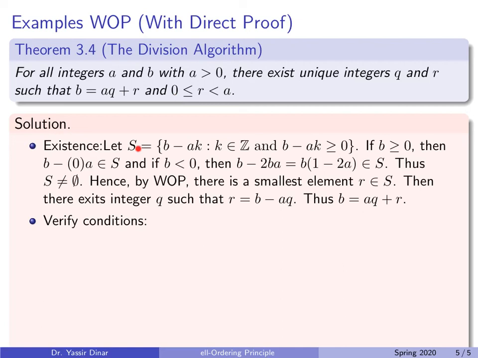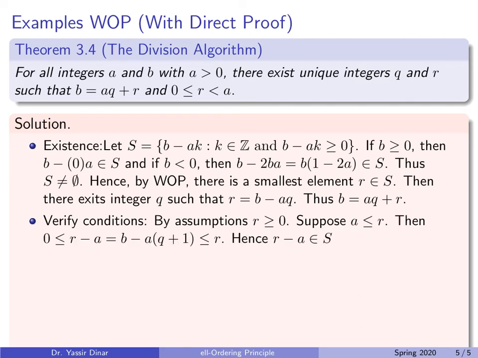Of course, from the definition of S, we know that r is greater than or equal to 0. But is r less than a? To prove that r is less than a, I will use proof by contradiction and assume that r is greater than or equal to a. But this means that r minus a is greater than or equal to 0, and also r minus a is less than or equal to r.